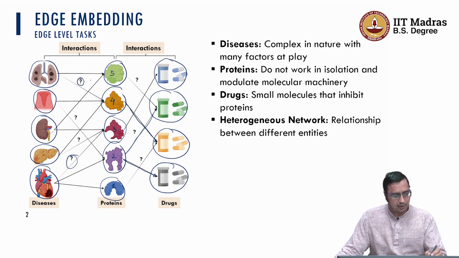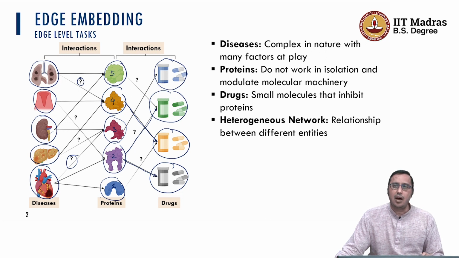For example, does protein number 4 play any role in a disease related to the lungs, or can protein number 3 play any role in a disease related to the heart?